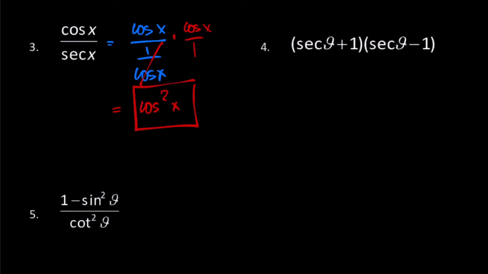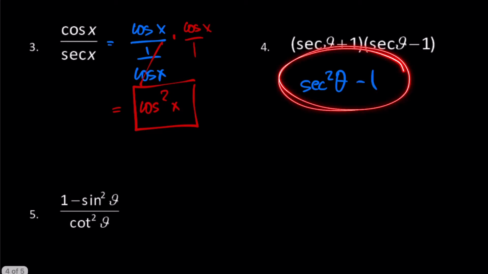All right, the next one, for whatever reason, students have a hard time seeing this occasionally. Think of this as x plus 1 times x minus 1. How would you do that? Well, that's just x squared minus 1, right? Multiply it out. So instead of x, we have secant theta. So instead of x squared minus 1, this is just secant squared theta minus 1.